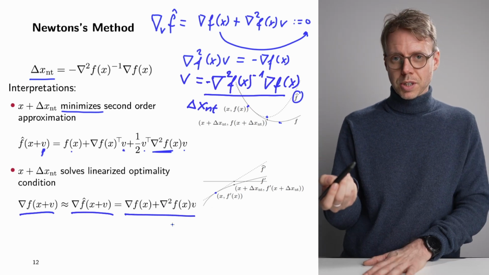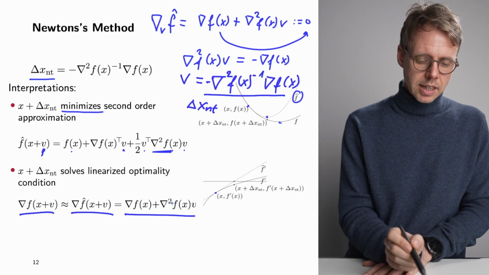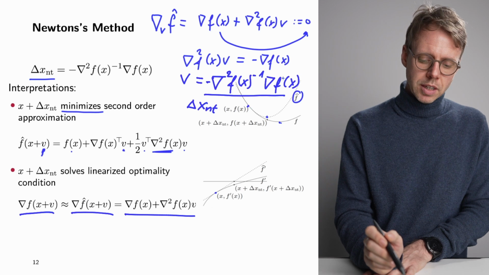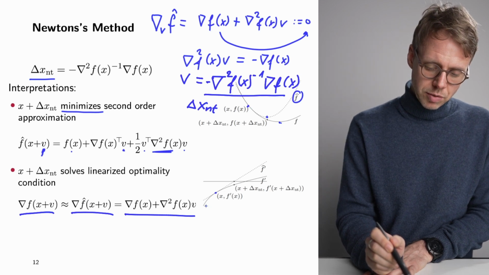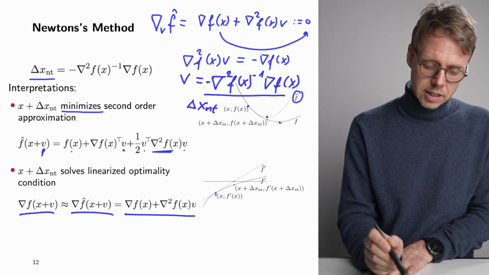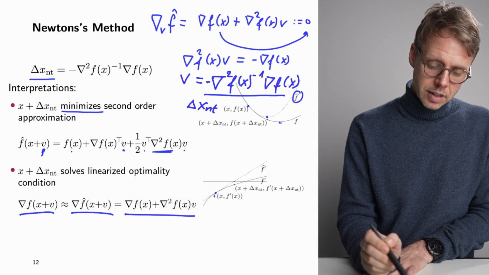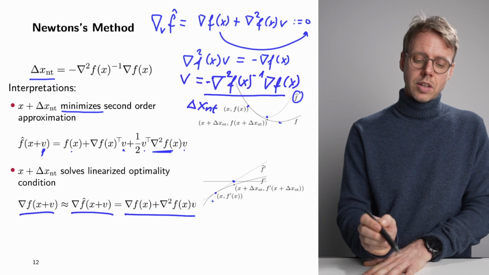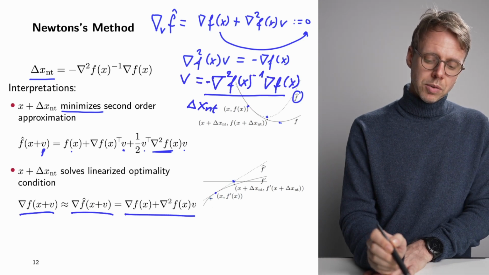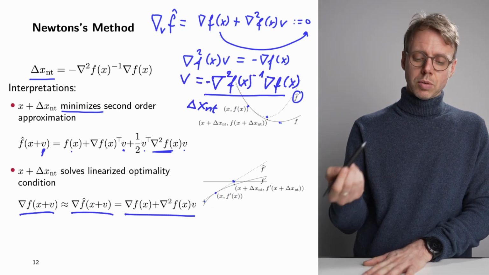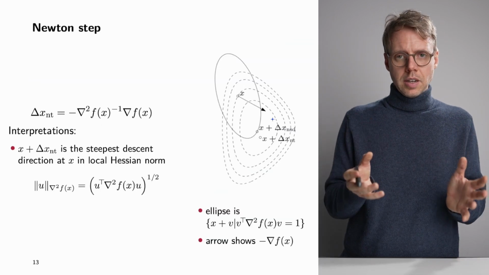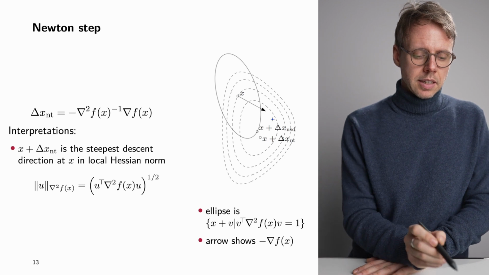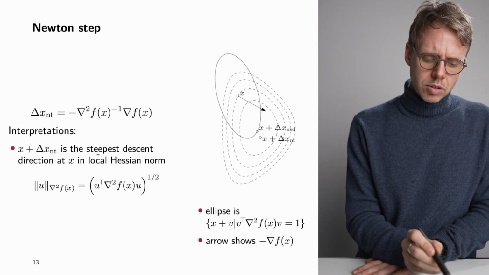And then we solve for this optimality condition by setting this gradient to 0, which is again exactly the computation that we have done here. So if this is the gradient at our current point, then we are basically looking for a 0 in this approximated gradient.